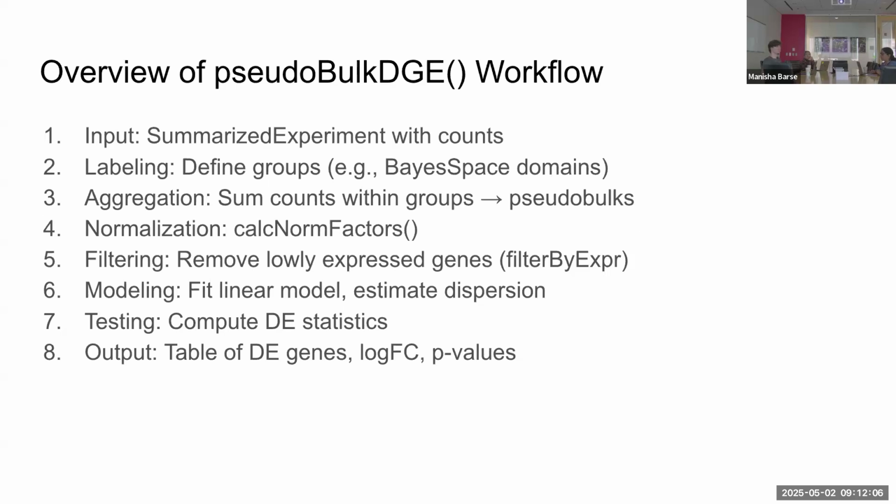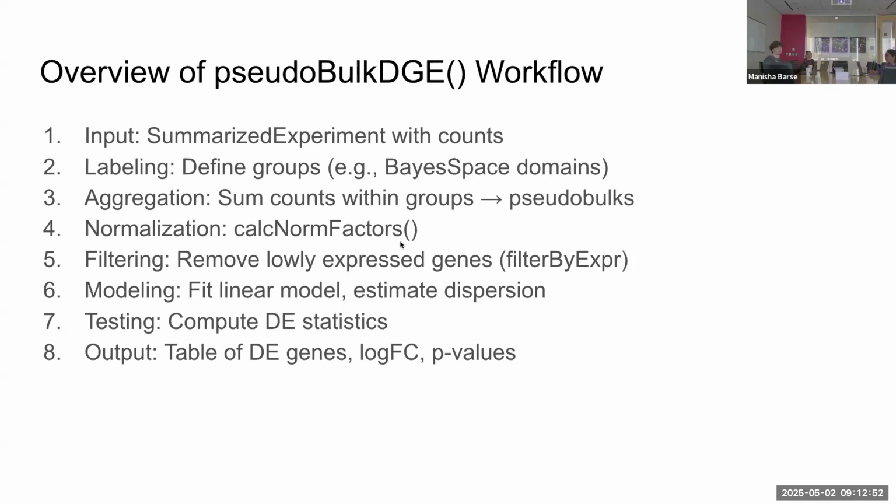So just as an overview of what the pseudobulk workflow looks like, we give the input as the SummarizedExperiment object with the counts. We define the groups. For example, in our spatial analysis, we can define the groups based on the BayesSpace domains. Then aggregation sums counts within the groups, that is, we are pseudobulking. pseudobulkDGE normalizes the counts using calcNormFactors.